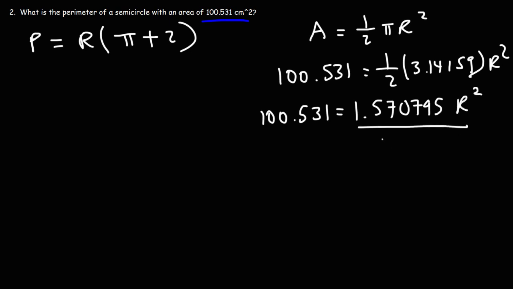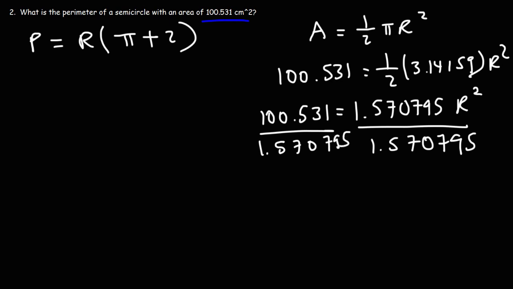And then let's isolate r squared by dividing both sides by this number. So on the right, these two numbers will cancel, giving us r squared. On the left, it's going to be 100.531 divided by 1.570795. And that is 64.